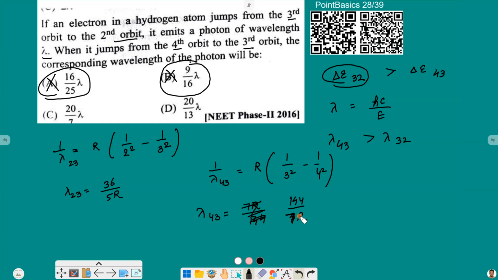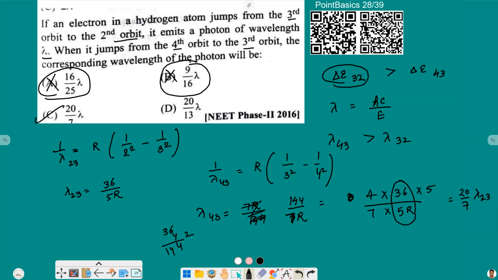Now what I can do is split 144 as 4 into 36. Here I have 7, here I have R, and we need 5 here separately, so multiply by 5 and divide by 5. So this will become 20 by 7 into lambda 2 3. So that is option C for us.